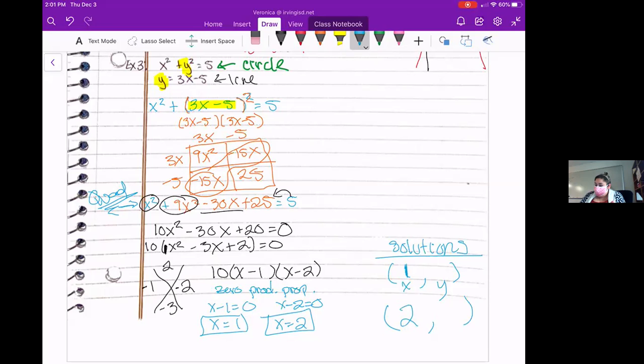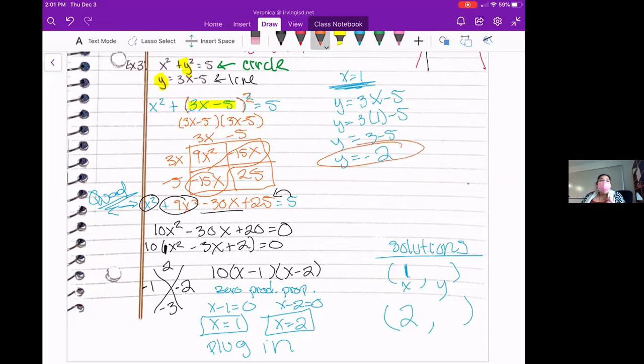So the first one we're going to do, let's do x equals 1 first. And it doesn't matter which one, but I'm going to do the line, the linear function. So 3x minus 5. So I'm going to plug that in. Y equals 3 times 1 minus 5, which is 3 minus 5. So y equals negative 2.